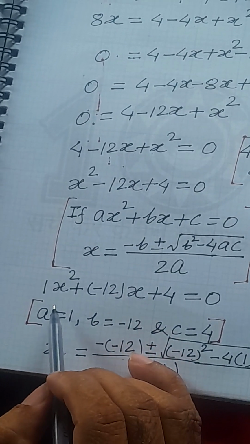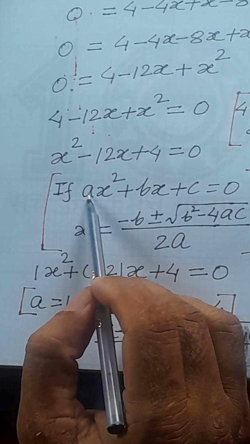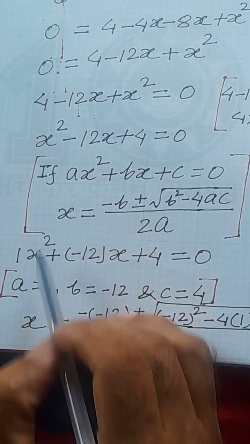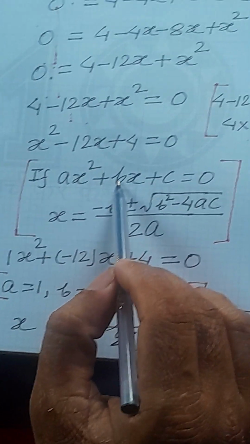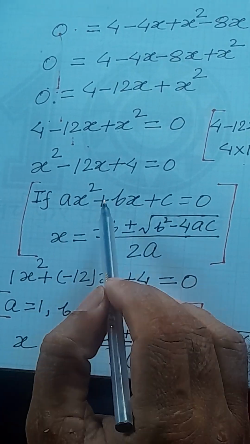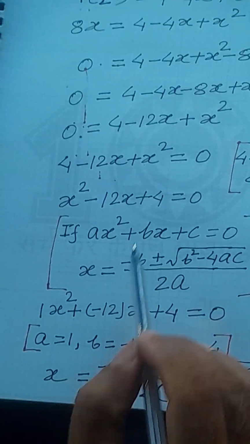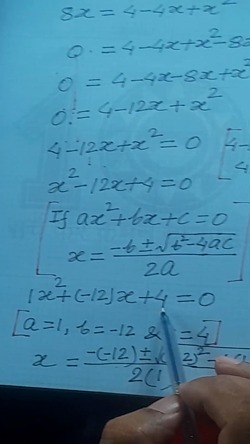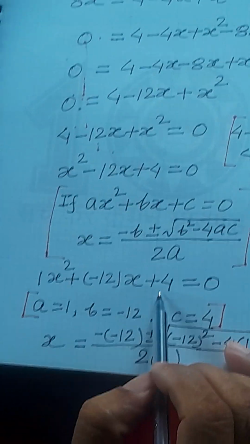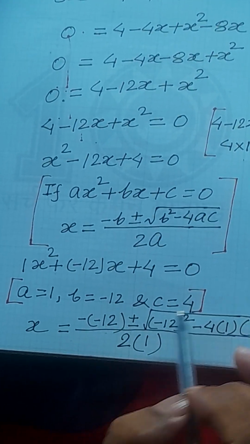So here, to make it familiar, to get A we put 1 here, 1x square. To get B we need plus, so here we put plus, then minus 12 comes inside, which is B, then C means 4. So we get the exact form ax square plus bx plus c, where a equal to 1, b equal to minus 12, c equal to 4.